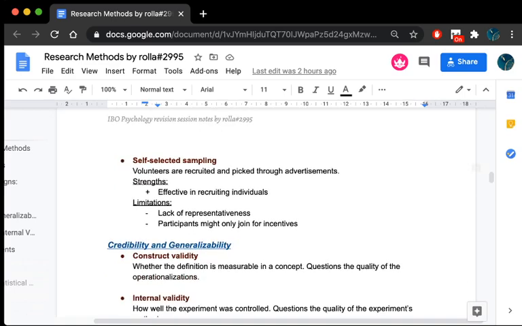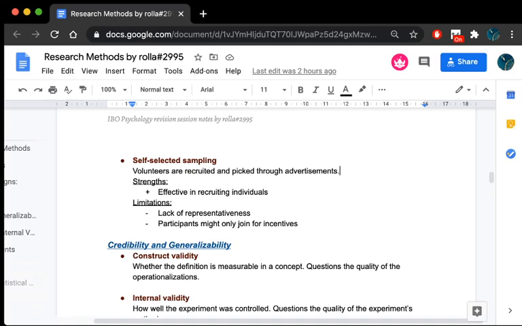And last but not least, we have self-selected sampling. So usually volunteers are recruited and picked through advertisements that are placed in newspapers, university, whatever place for bulletin announcements.